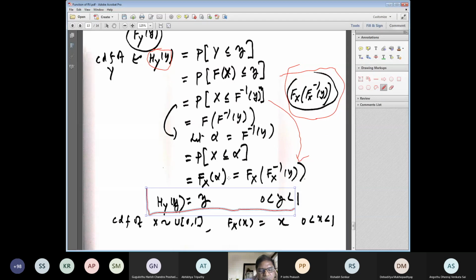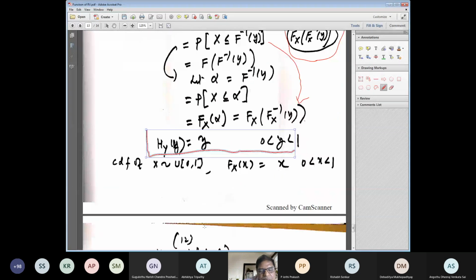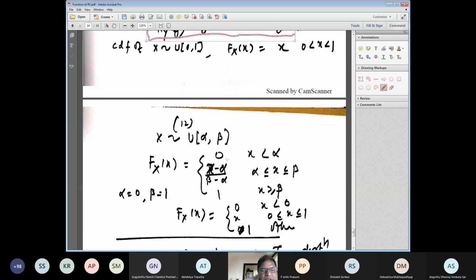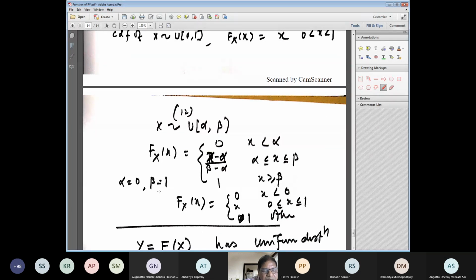Now, what is this? This, if you remember, is a uniform distribution. In uniform distribution, x follows alpha and beta. So its CDF is 0 for x less than alpha, and so on. This we have earlier derived. So if I take alpha 0, beta 1, then you get this form.